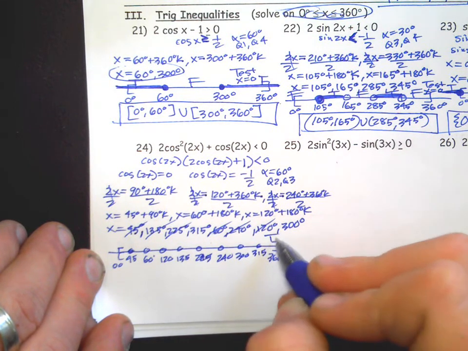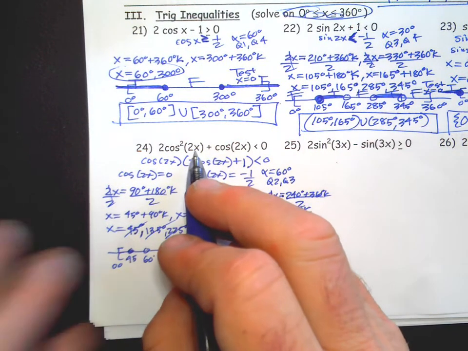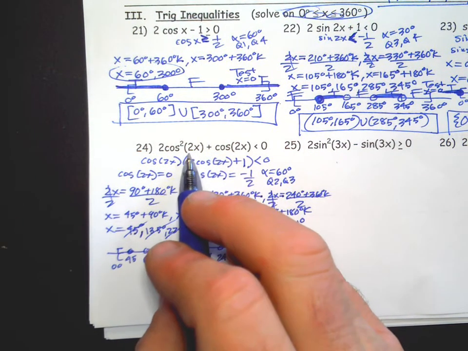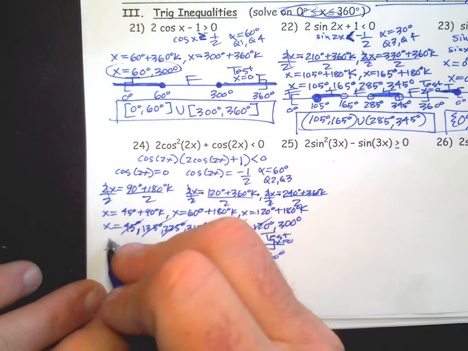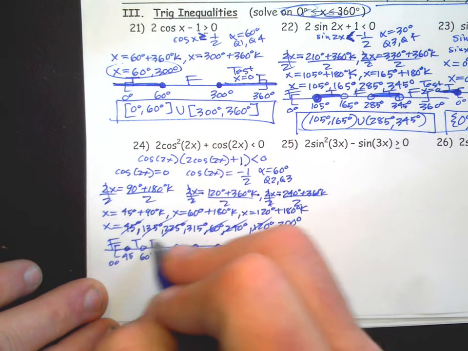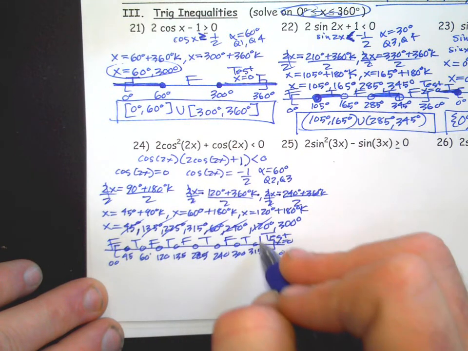Now, I'm going to test x equals 0. Cosine 0 is 1, times 1 is 1, times 2 is 2, plus 1 is 3, is not less than 0, is false. So false, true, false, true, false, true, false, true, false.